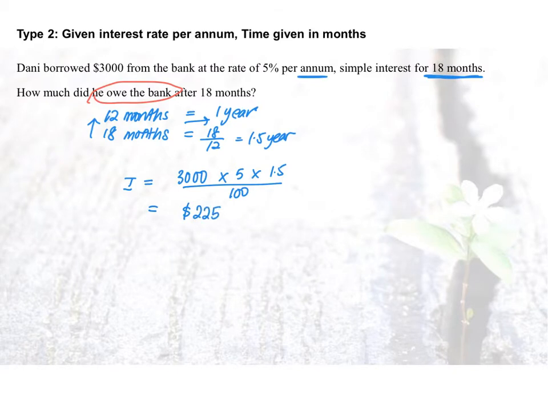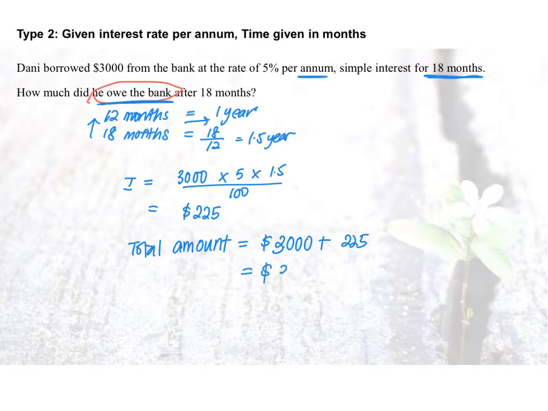But is this the final answer? No, he wants to know how much he owed the bank. So that means he owes the bank in total the original amount, the principal, and the interest, which gives a total of this.